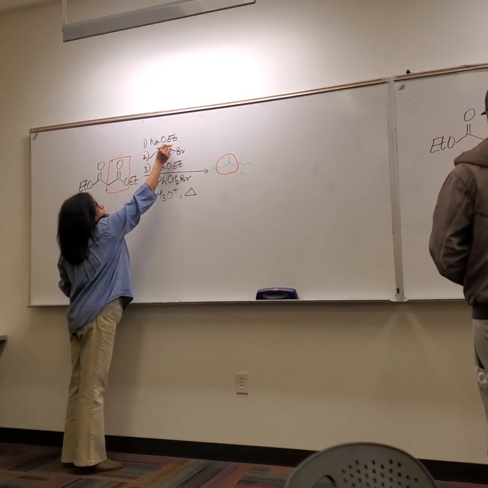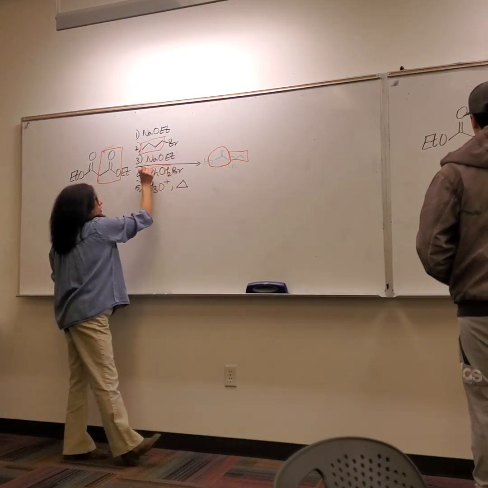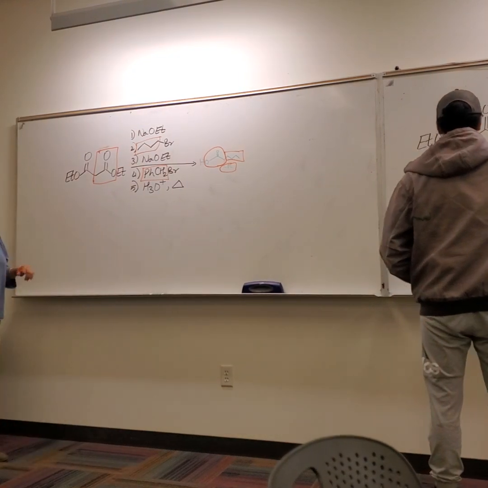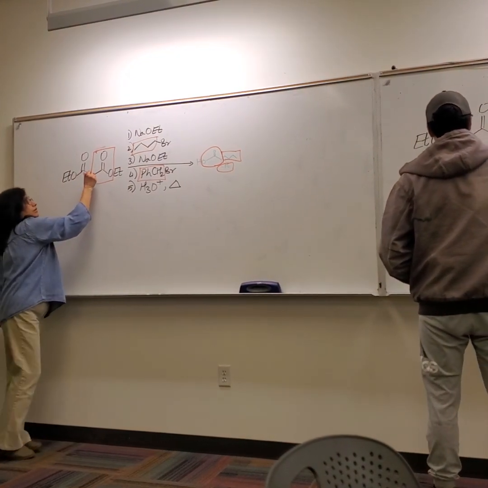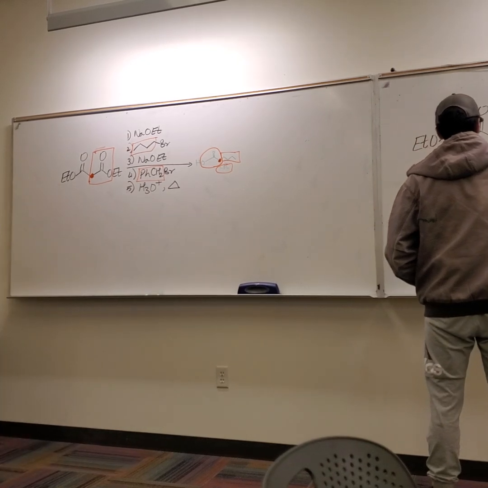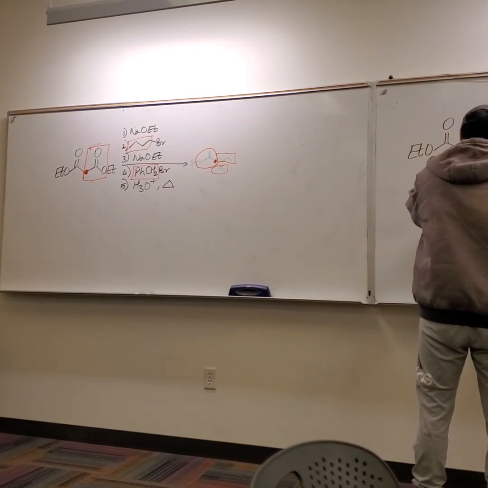So we brought in that group counting your carbons, and we brought in this group counting my carbons. So this carbon is that one. I made sure to count them. Count your carbons.